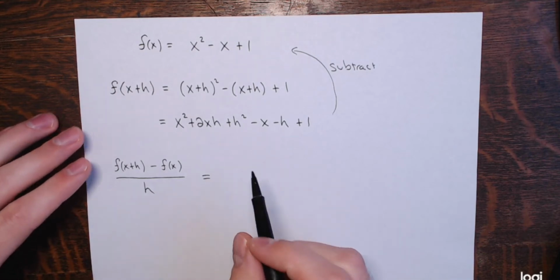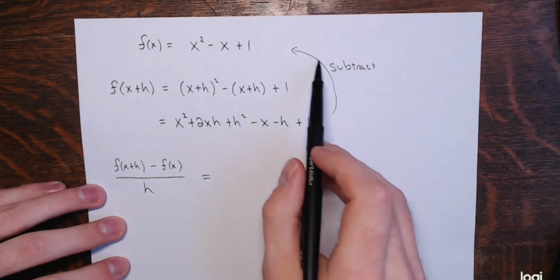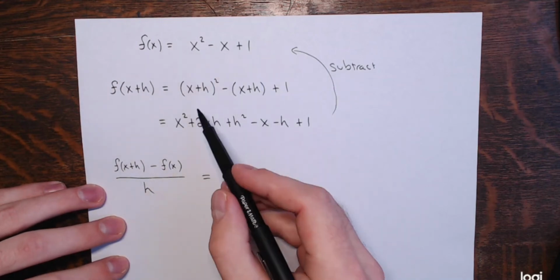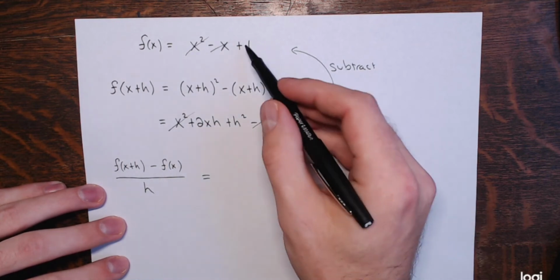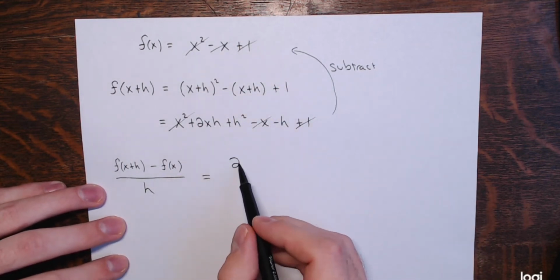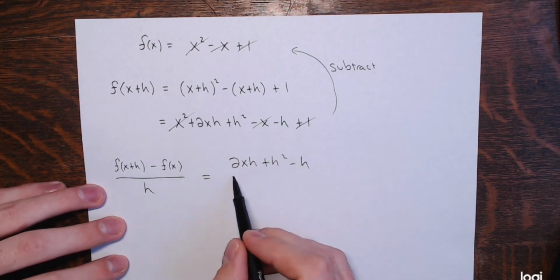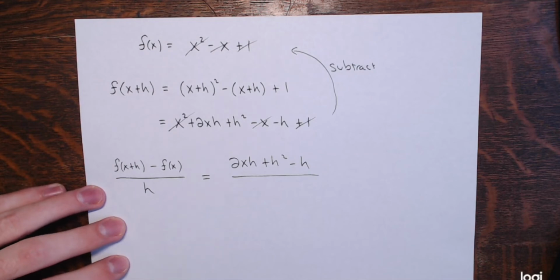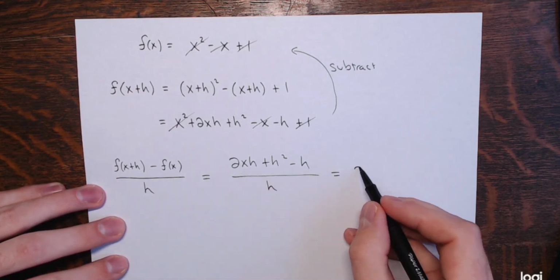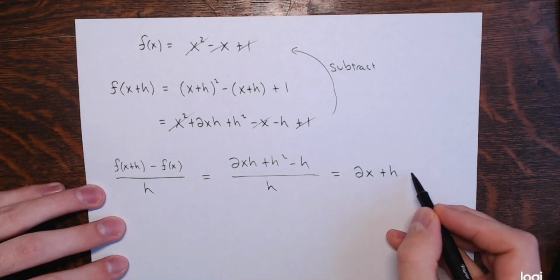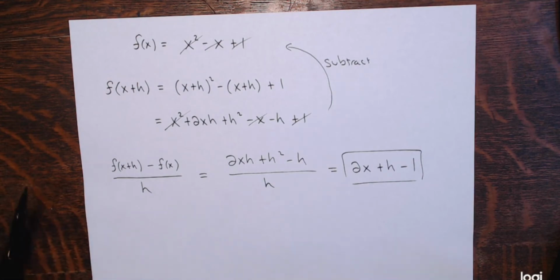So if you subtract each term from f of x, the x squared will be gone, the negative x will be gone, the plus 1 will be gone, and I'll be left with 2xh plus h squared minus h in the numerator. Then h in the denominator, and you divide through by h, giving me 2x plus h minus 1. And there we go. That's the simplified difference quotient.